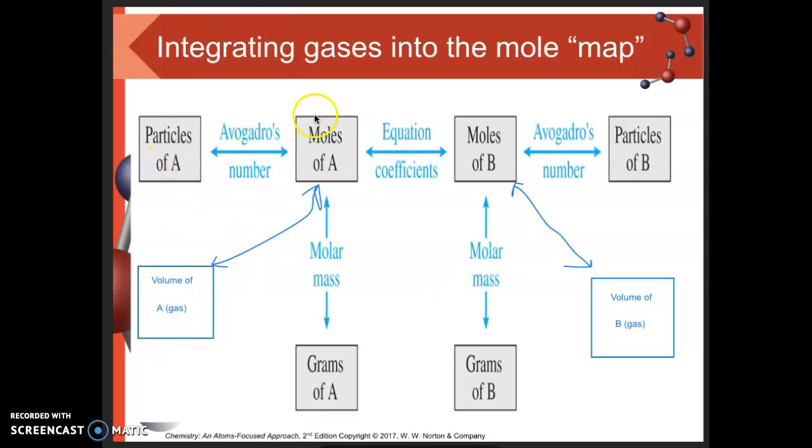To go from volume to moles, I either need to use one form of the ideal gas law, manipulated, or the other form of the ideal gas law, depending upon what it is I'm trying to do. And the same would be true on the other side.